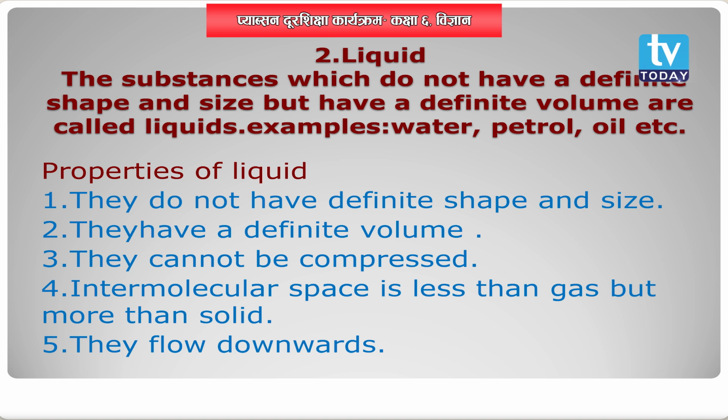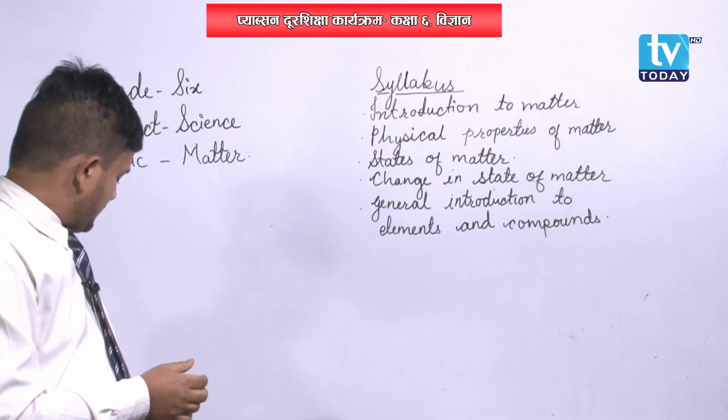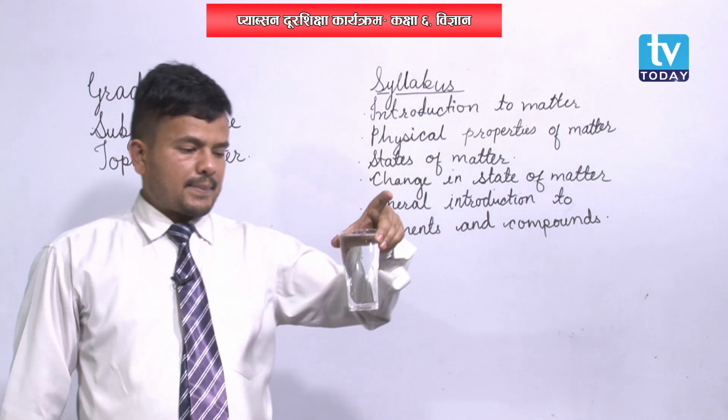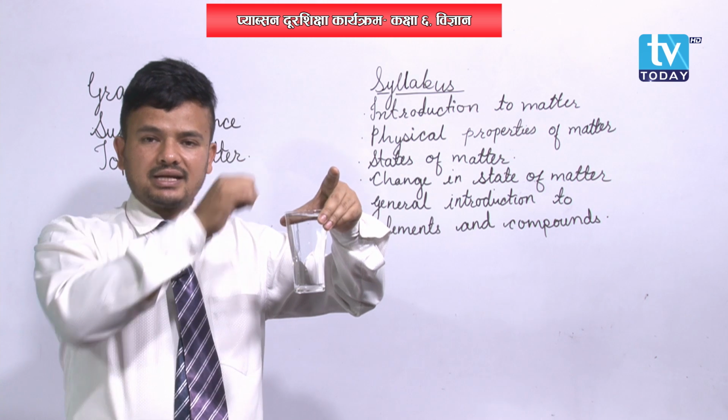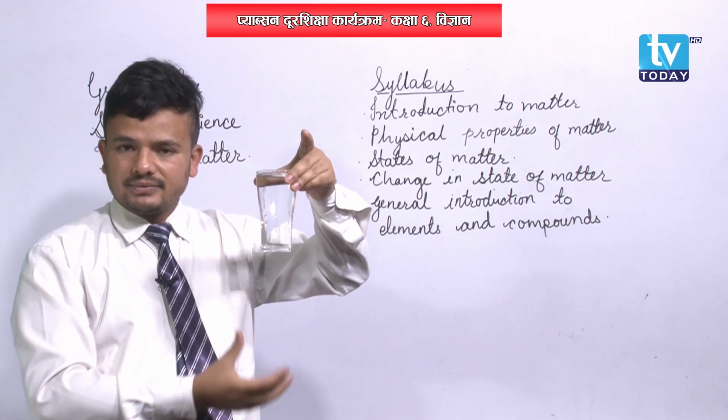So what are the properties of liquid then? Liquids do not have definite shape and size, but they have a definite volume. They take the shape of the container. See, when you pour the water inside the glass, the water takes the shape of the glass.